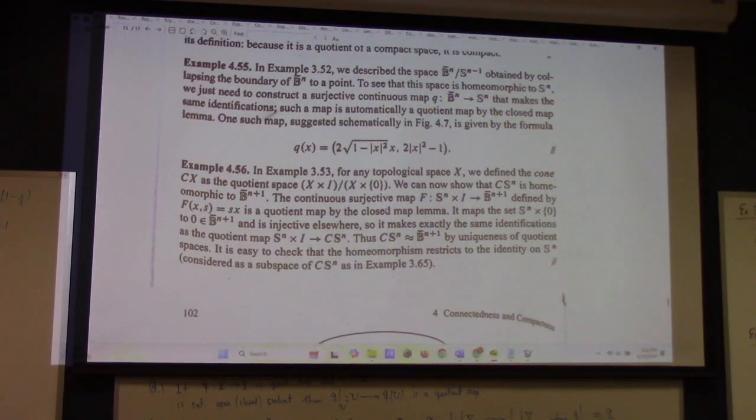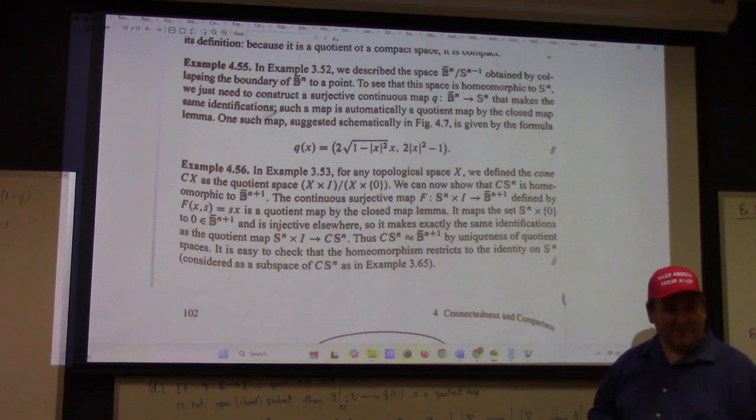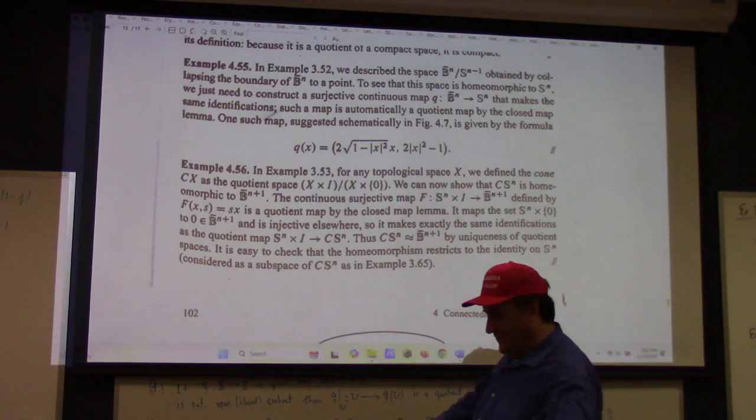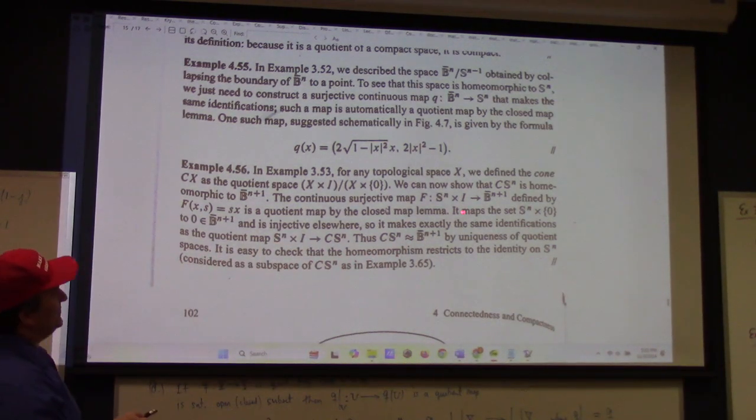Example 4.56, he's saying CSn is homeomorphic to B bar n plus 1. Remember, we said, no, we don't believe this, typo. Vindication. So here's how to show that.